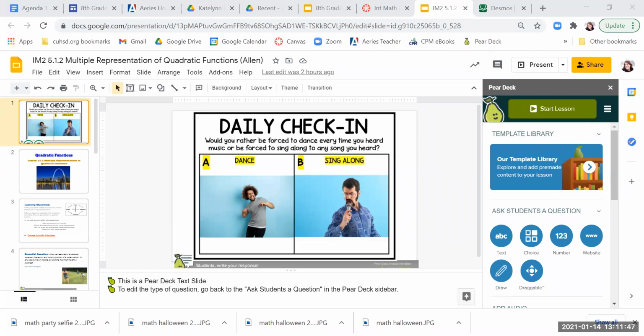And then finally, what do we know about a parabola? That means we want to bring in our key features, which are all the things we worked on in the last lesson: our domain, range, our vertex, our x and y intercepts, is the graph opening upward or downward?